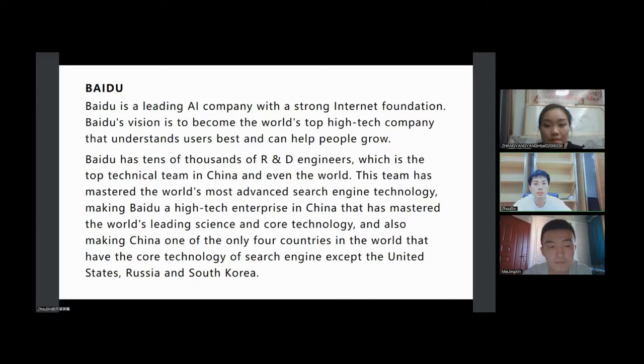This team has mastered the world's most advanced search engine technology, making Baidu a high-tech enterprise in China that has mastered the world's leading core technology, and also making China one of only 4 countries in the world that have the core technology of a search engine, besides the United States, Russia, and South Korea.